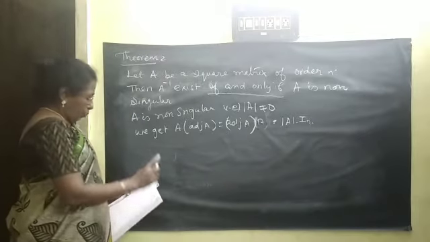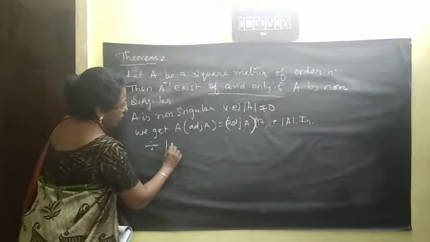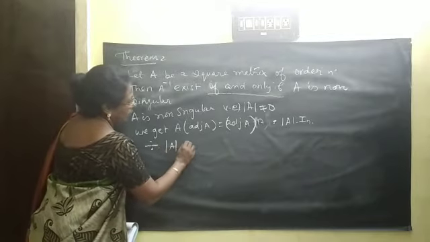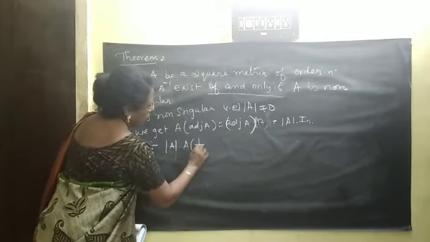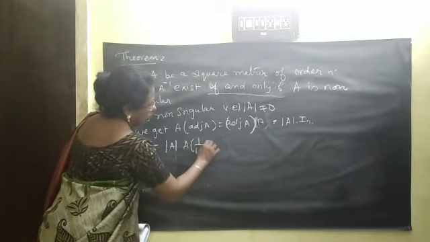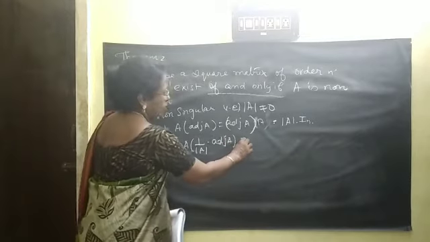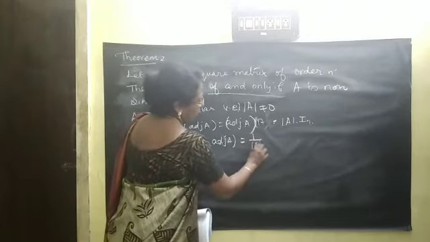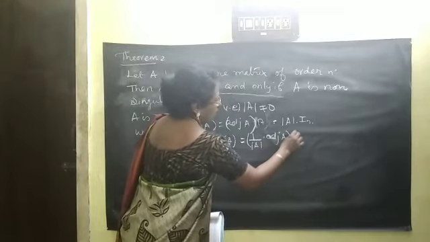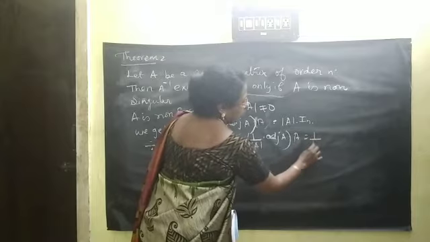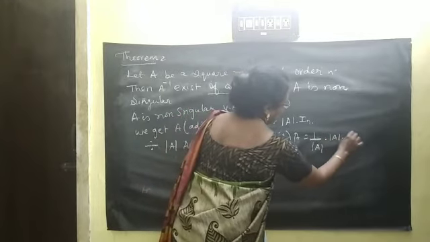So here we can say, dividing throughout by determinant A, you get A into 1 by determinant A into adjugate of A is equal to 1 by determinant A into adjugate of A into A is equal to 1 by determinant A into In.